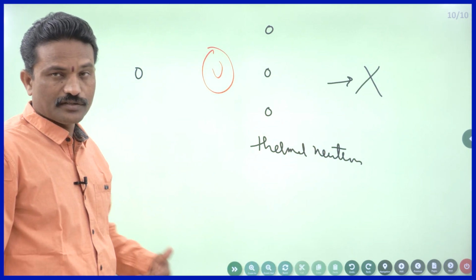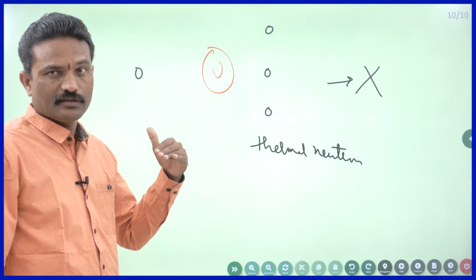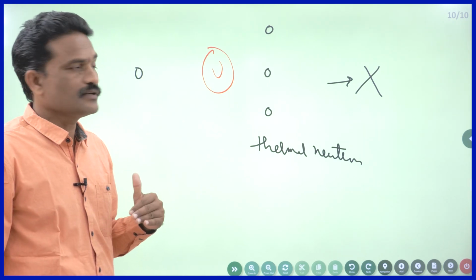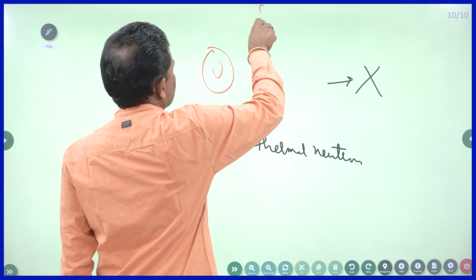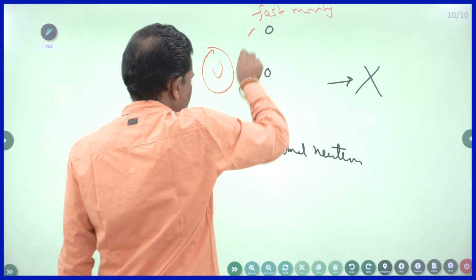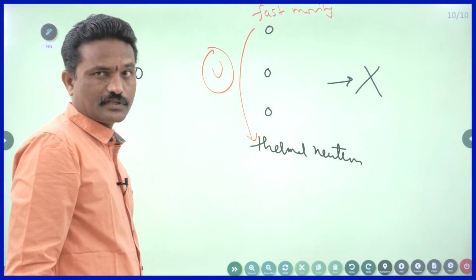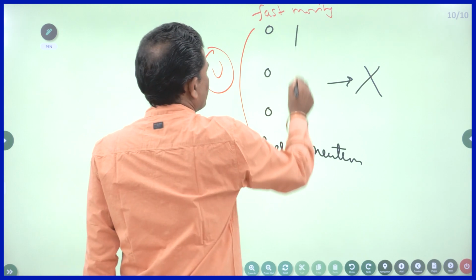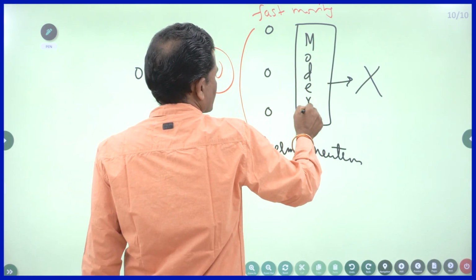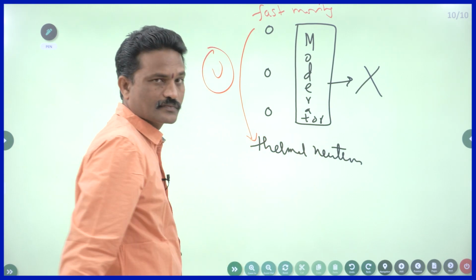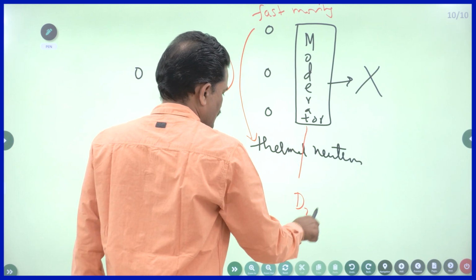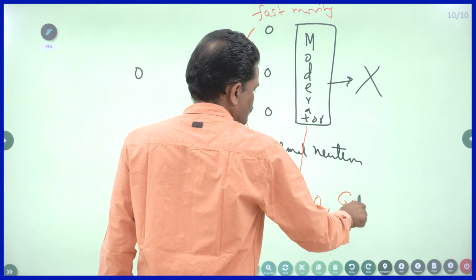If I want to continuously produce the electricity, if I want to produce the energy continuously, then I have to convert these fast moving neutrons. The fast moving neutrons must be converted into thermal neutrons. So, I introduce a material called moderator. What does it do? Moderator can be heavy water or graphite.